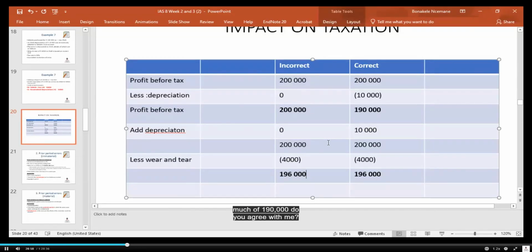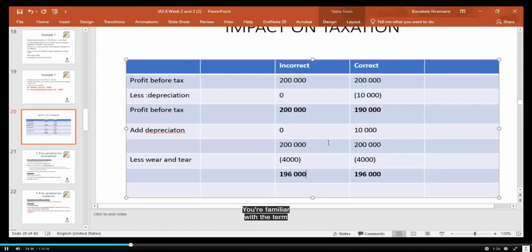You agree with me? Yes. Now, remember, there is a timing difference between SARS and our own way of depreciation. So wear and tear does not always necessarily use the same method as the company does. Hence, now we have differences, the timing differences.